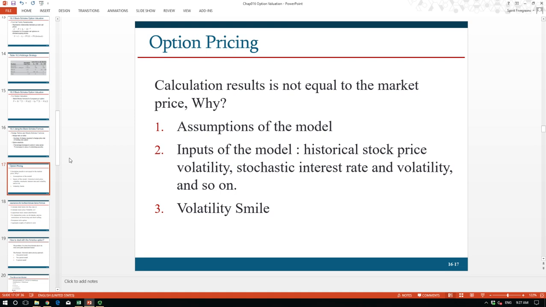When you apply the Black-Scholes formula to calculate option pricing, you feel very confident because you're using a very famous formula, and a lot of option traders utilize it on a daily basis.